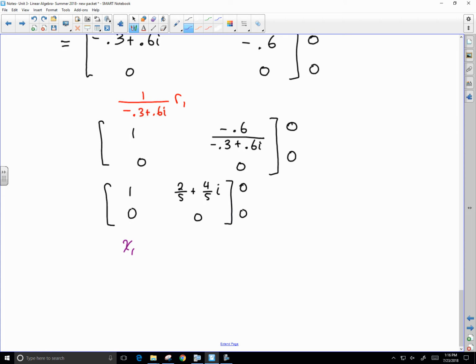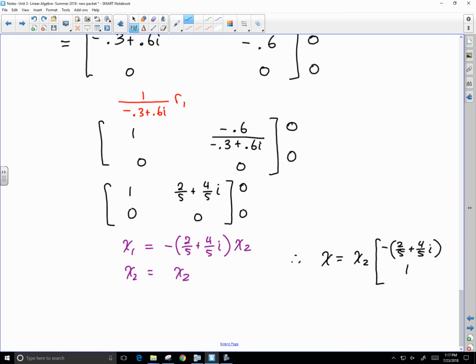So x1 would be equal to negative all this stuff, where x2 is equal to x2. And so therefore, x would be equal to x2 multiplied by negative 2/5 plus 4/5 I, distributed if you want, and 1.